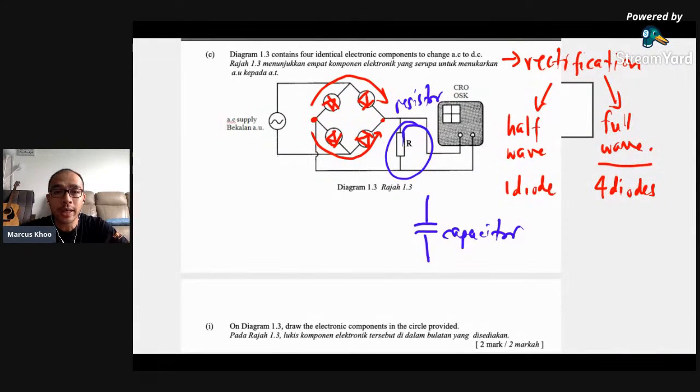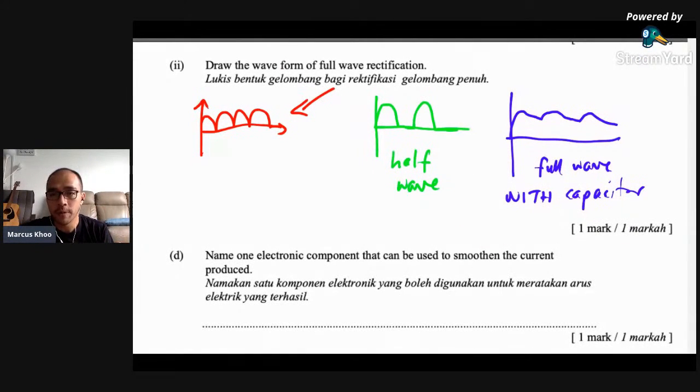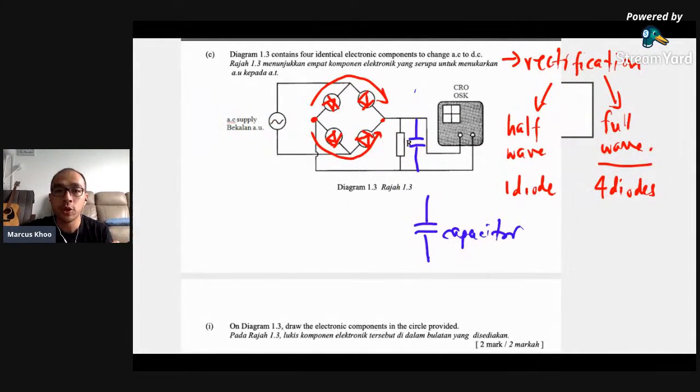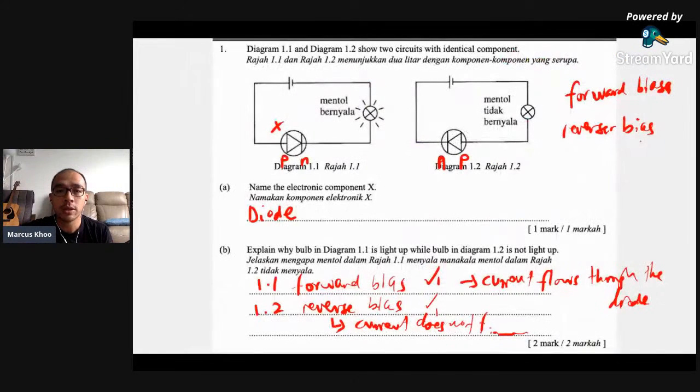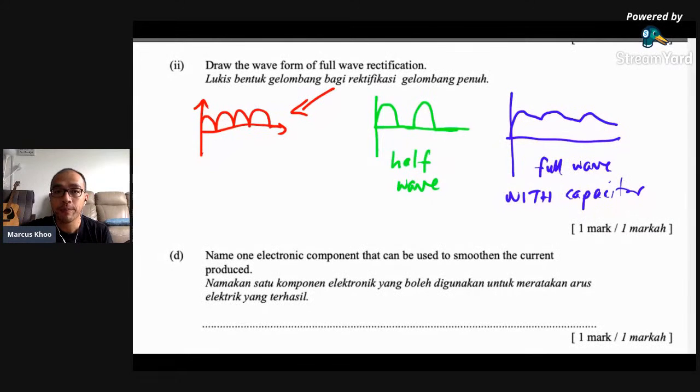Usually it is located parallel to the resistor, like this. But because in our question now we don't see the capacitor, we only see a resistor, then we draw this red color. So please know the difference between all three.